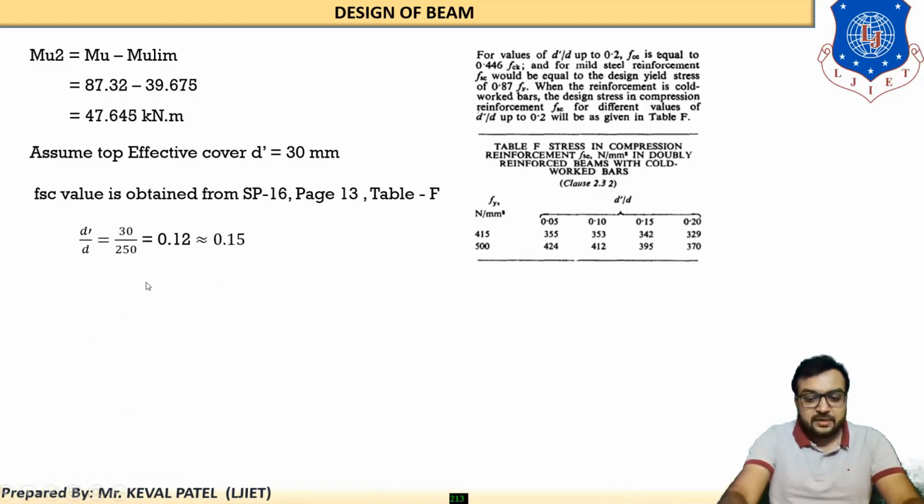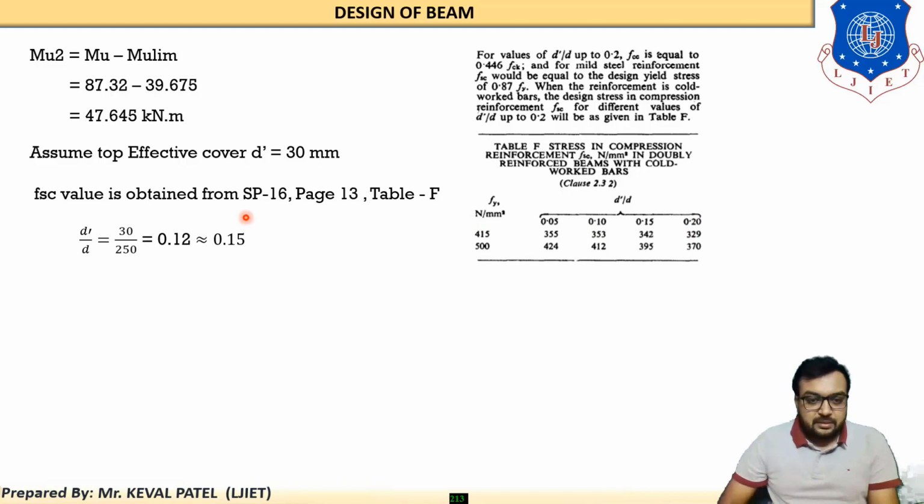Our D dash by D ratio is equal to 0.12, because our value of D dash is 30 mm and the value of D is 250 mm. So our D dash by D is 0.12, which is nearly equal to 0.15, because we have only 4 values: 0.05, 0.10, 0.15 and 0.20.